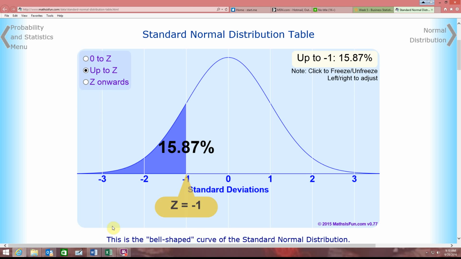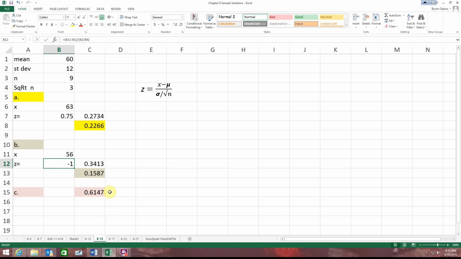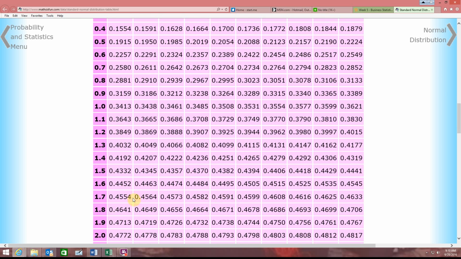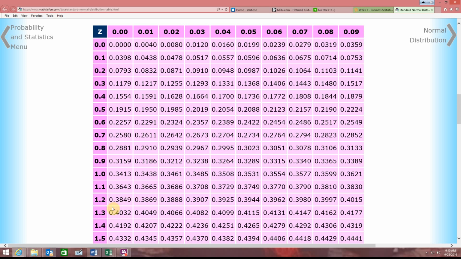So 15.87 is where I should be. It's 0.3413 when I look up the -1 in the chart. But I've got to subtract that from, again, that 0.5.